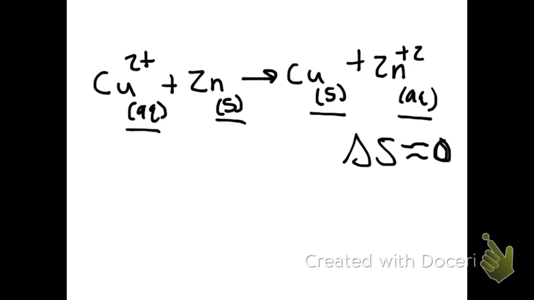Alright, so there are several examples that we can look at in order to predict if there's going to be an increase or a decrease in the disorder of the surroundings during a chemical process. Or in other words, to determine if delta S is positive or delta S is negative. And the bottom line is, if delta S is positive, then the entropy is going to increase, right?